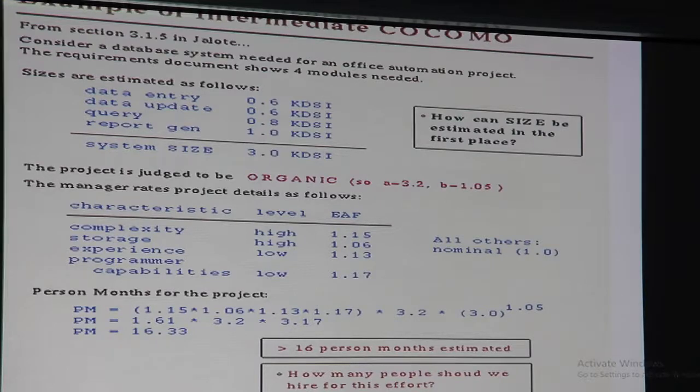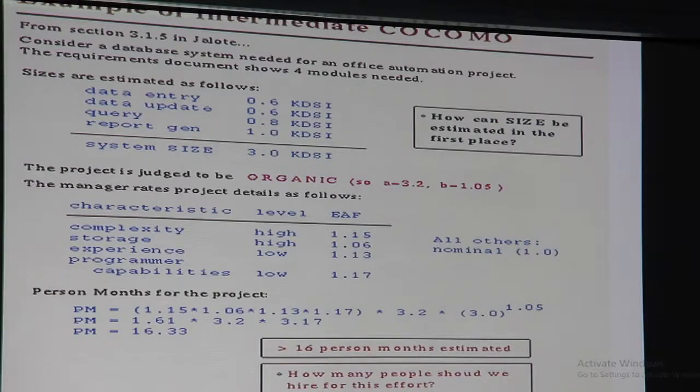They have very good domain understanding, they are experts, and it's a routine for the organization. So the project category tells us what our values of A and B should be, and we have seen those previously. What will be the value of A if a project is organic, especially for intermediate COCOMO?